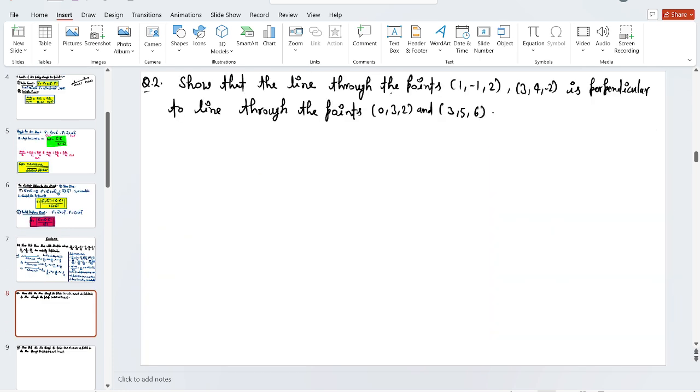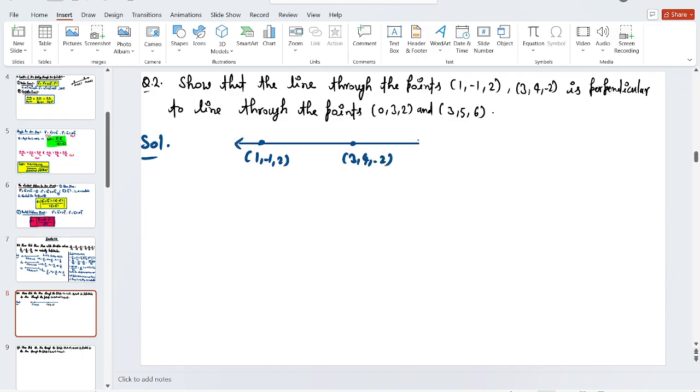So that the line passes through the point. This is perpendicular to this. So solve it. Suppose this is the line L1. This passes through 1 comma minus 1 comma 2 and 3 comma 4 comma minus 2.